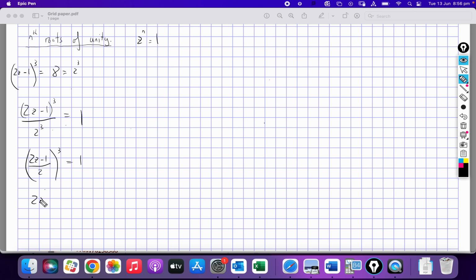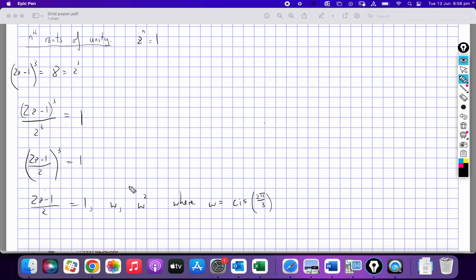I'm going to have 2z minus 1 on 2 equaling 1 times w squared, where w is cis 2 pi on 3. I'm just taking the circle and dividing it up by 3 because there are 3 roots. I've got unity, so I don't have to worry about modulus or anything like that. So there are my 3 roots.